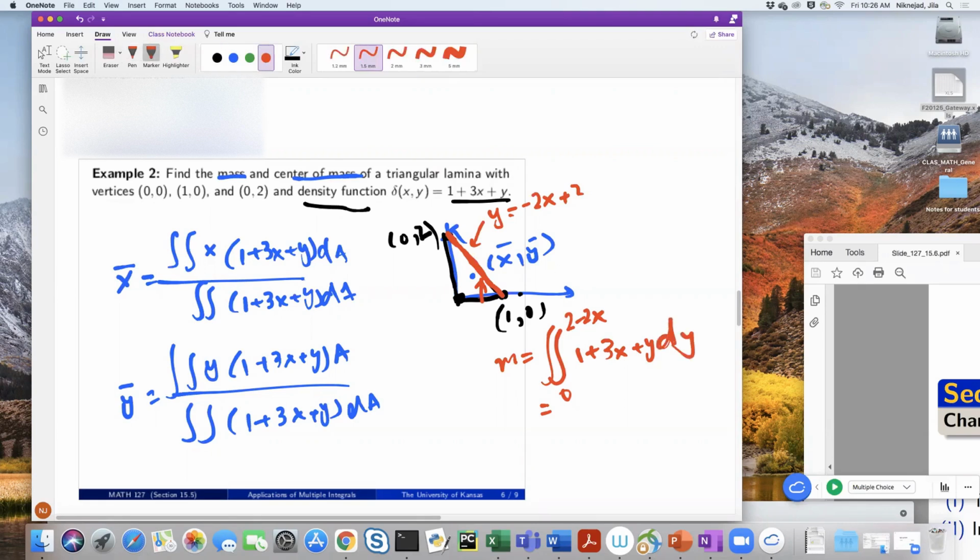The arrow is in the y direction. And then the outer one is going to be with respect to x, and x goes from 0 to 1. And then you take the integral.